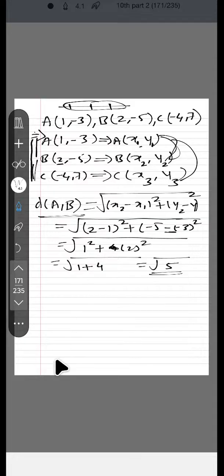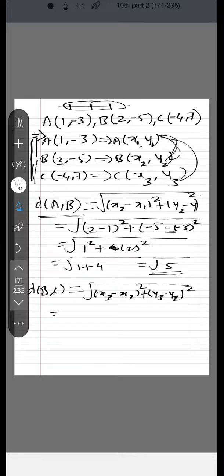Okay, now let's talk about BC. So d of B comma C, we know the formula, correct? So here if you observe x2, x3, y2, y3, which is bigger? x3 is bigger, x2 is smaller. So we are going to subtract x3 minus x2 square plus y3 minus y2 square, which is equal to the square root of x3.